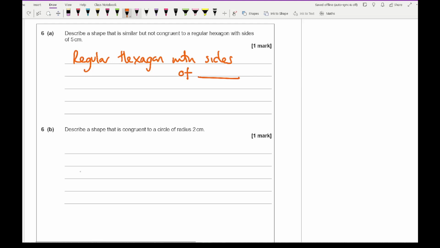So you can pick absolutely any number. So I'm going to go for, let's say, 6 centimeters, 10 centimeters, 20 centimeters. That's absolutely fine. The key bit of information you need to write is this, and then you just pick any number to follow it.